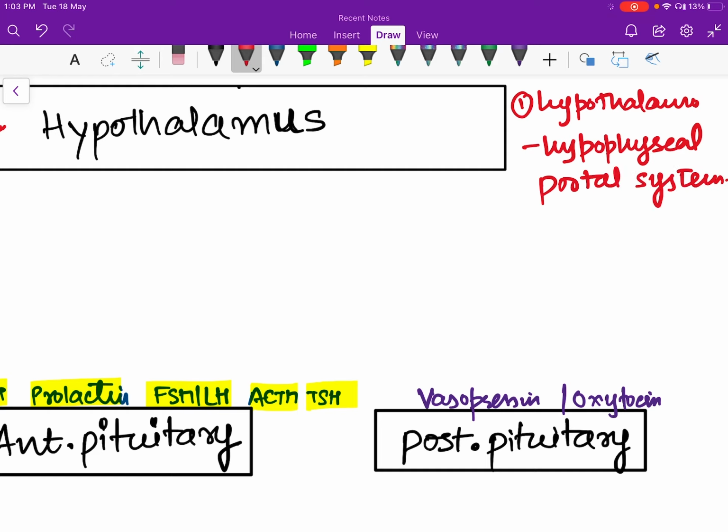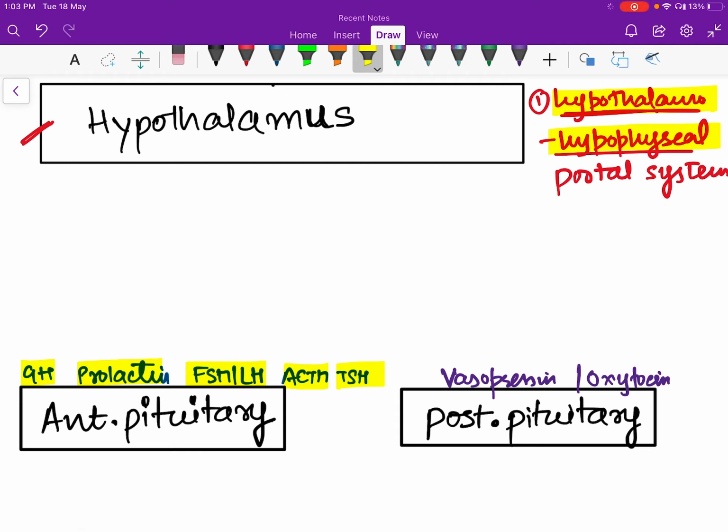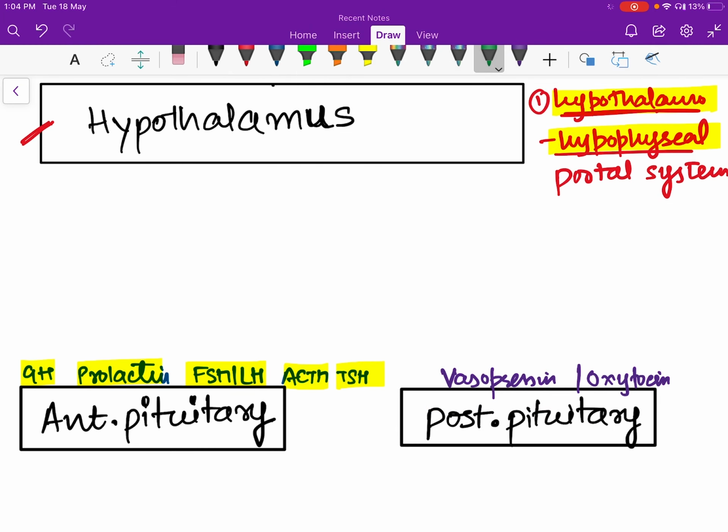It's a portal system between hypothalamus and hypophysis. Pituitary gland is also called hypophysis. So it connects hypothalamus and the anterior pituitary. Through this hypothalamo-hypophyseal portal system, different hormones are produced that actually control secretions of the hormones of the anterior pituitary.